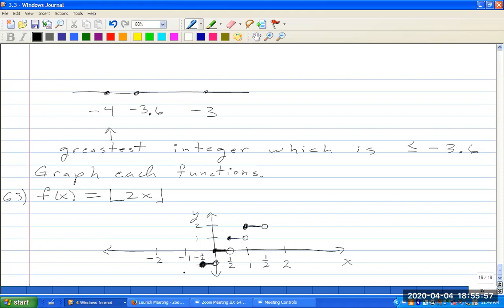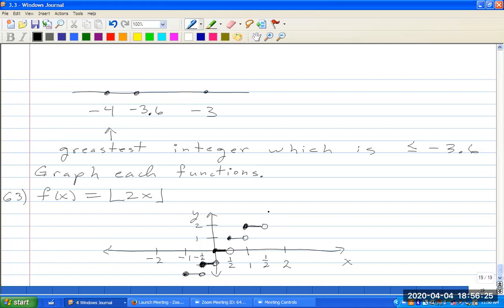At negative 1, it's going to be negative 2. And it keeps looking like this. So it sort of looks like, I don't know, a staircase. Sometimes called a step function. It keeps jumping and it looks like that.